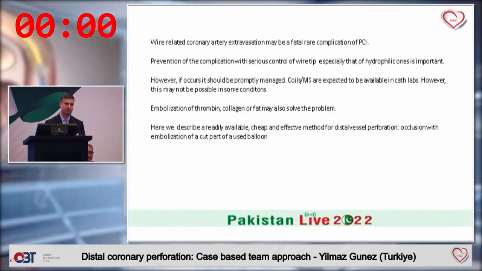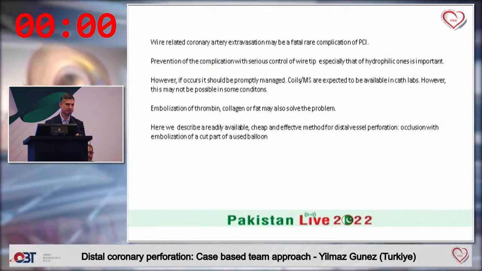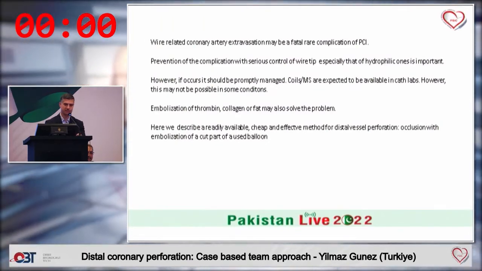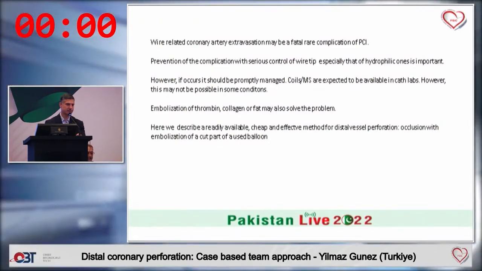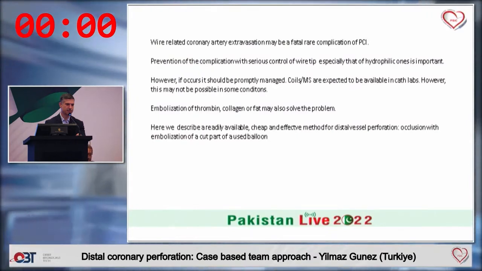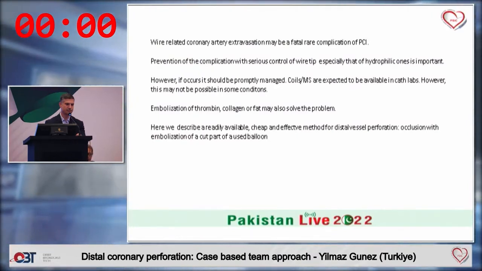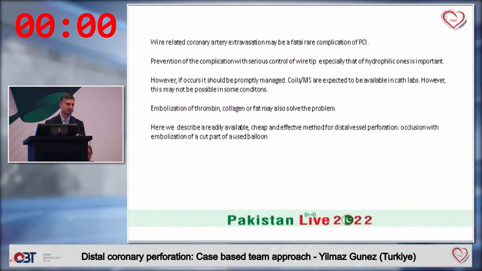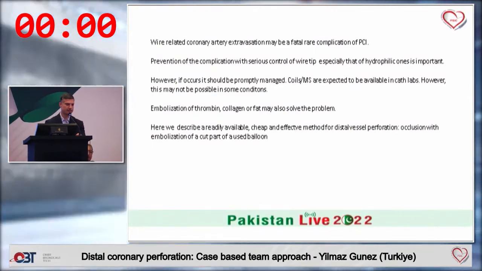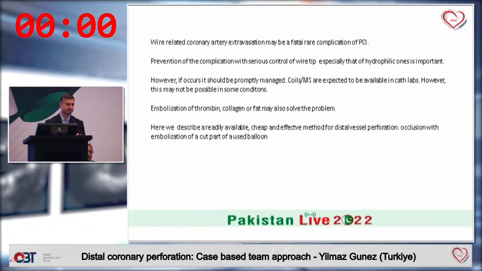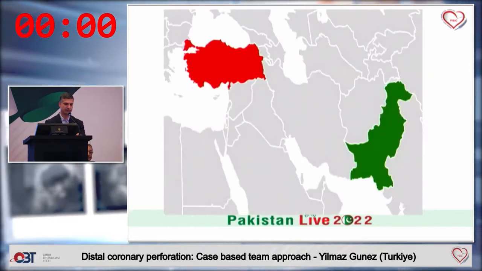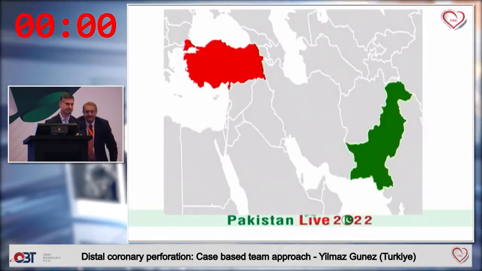However, this may not be possible in some conditions. So, with homemade maneuvers, we can embolize thrombin, fat, or balloon in distal coronary perforation cases. Thank you very much for your patience.